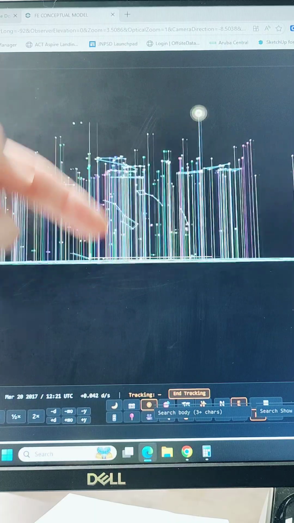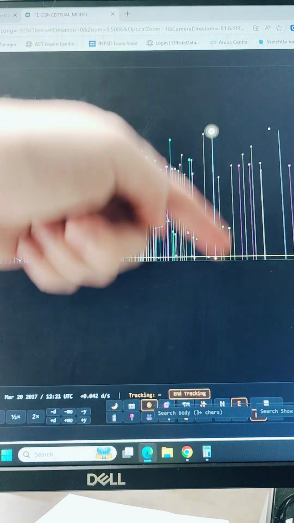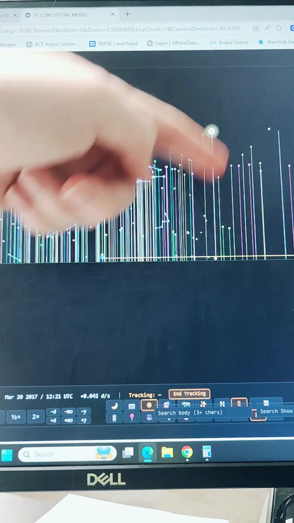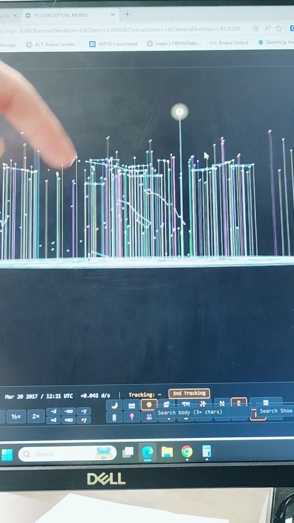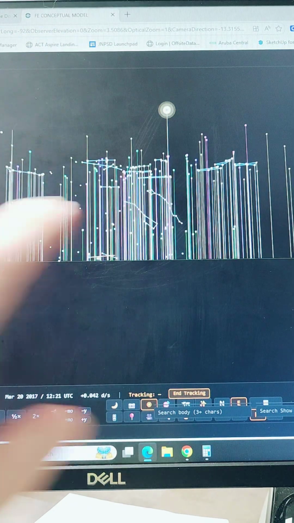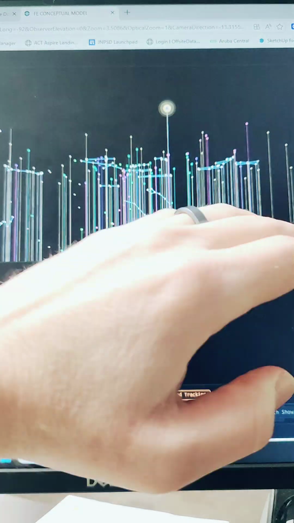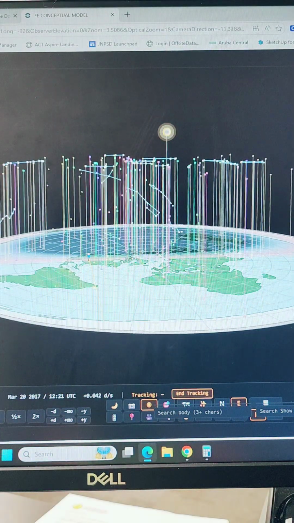So not only does it have to get down here when we're looking at it from here, it's also got to get over here. So it's a three-dimensional refraction. You're refracting horizontally and vertically at the same time, and that's going to be a big problem.